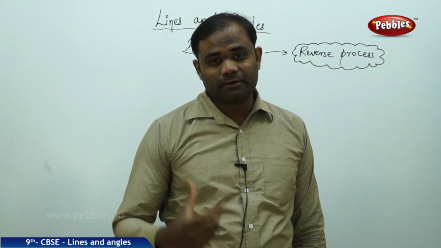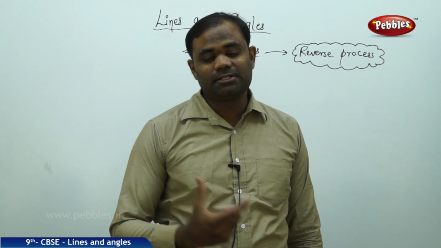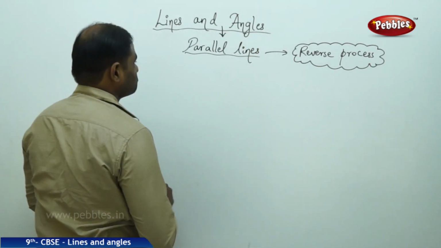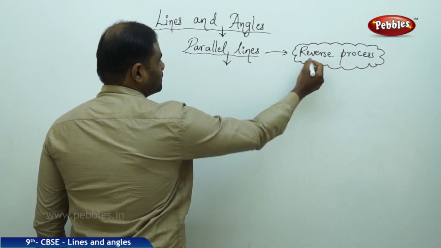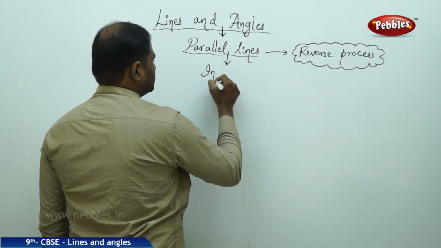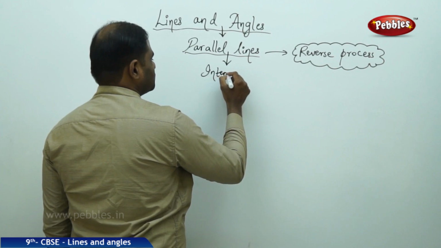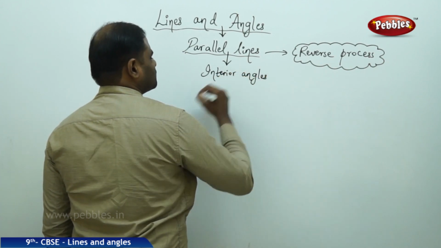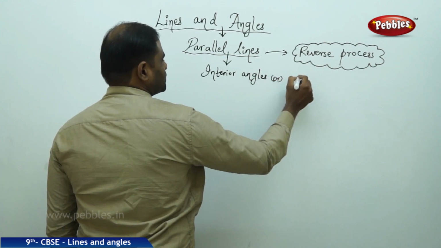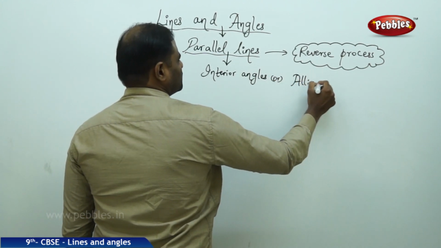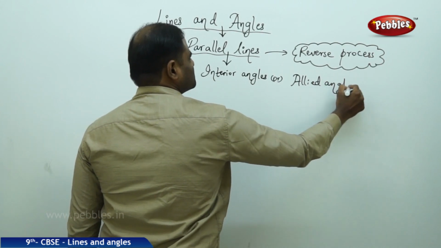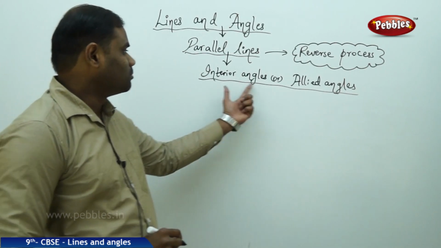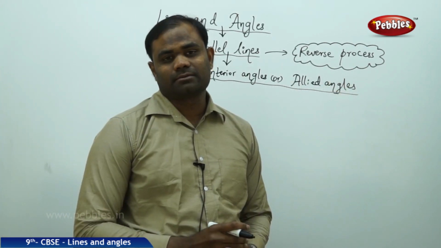Now let's see the reverse process of connecting interior angles with the parallel lines. Parallel lines in reverse process connected with interior angles, or in this case more specifically called allied angles, on the same side of the transversal.